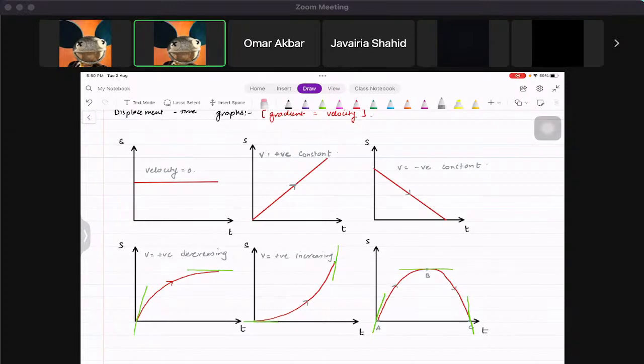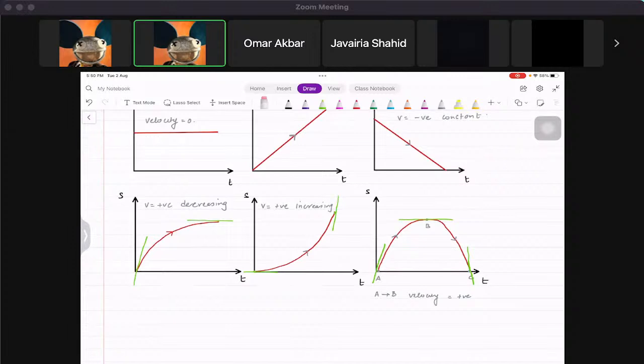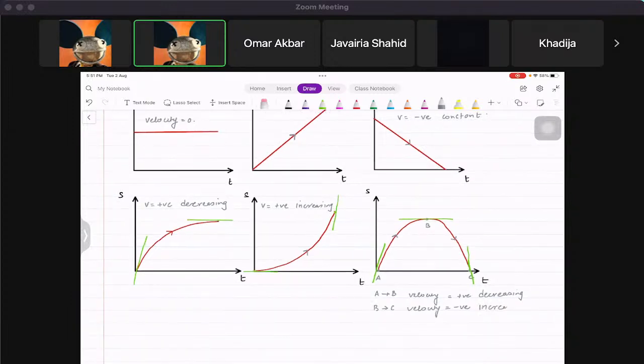So from A to B, we can say the velocity is positive and it is decreasing. Positive and decreasing, and from B to C the velocity is negative because it is going down, and it is going from horizontal to vertical, so it is increasing. Any questions? Please look at it.